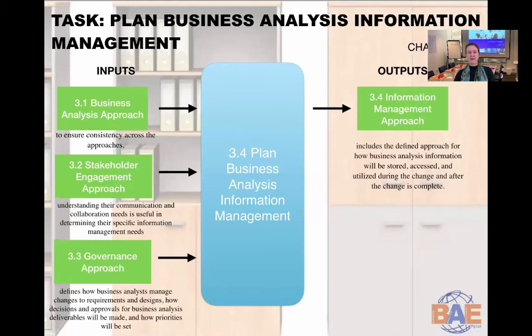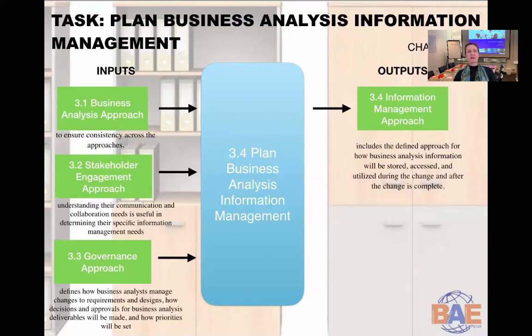Now, if we keep that in mind and we think about the inputs and the outputs, what would we need to have information about in order to define our information strategy? So here it makes sense to say we need to know what the approach will be. If it's going to be an approach where we do traditional waterfall, that will have an impact on how we manage the information.